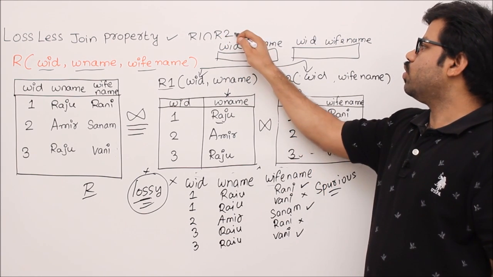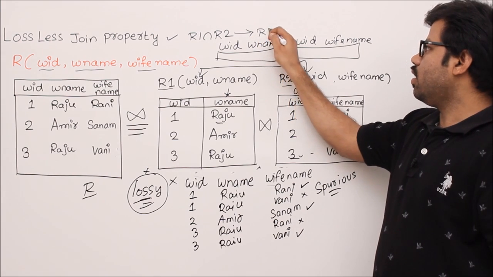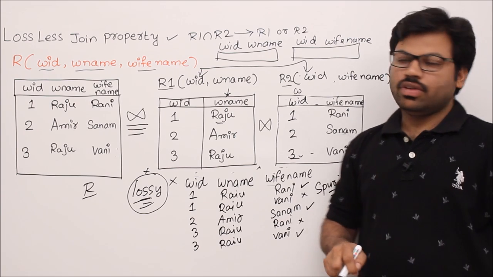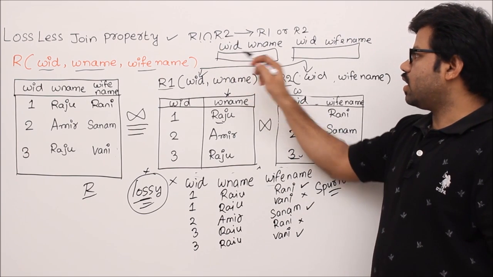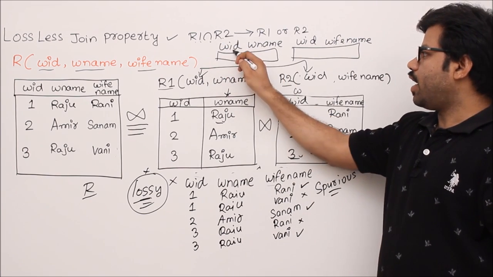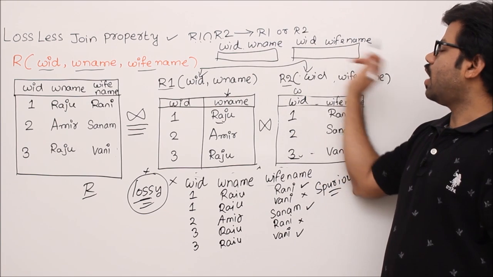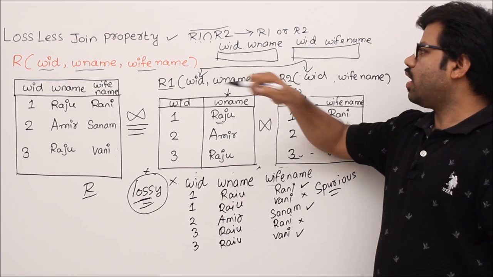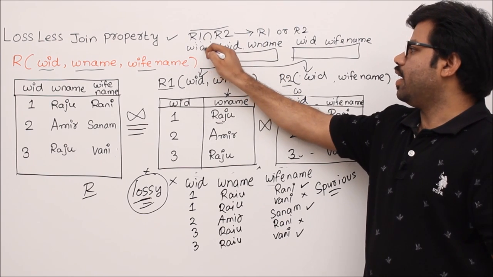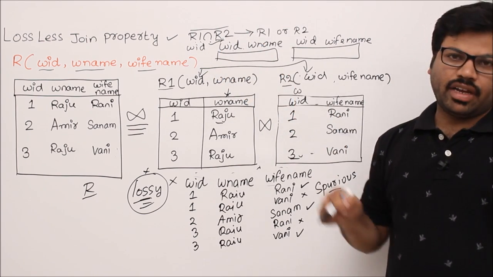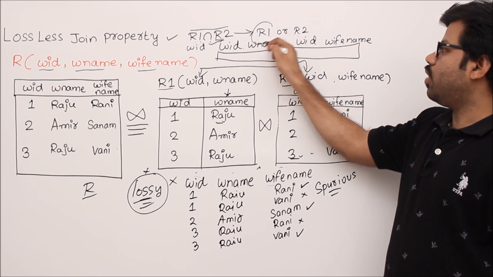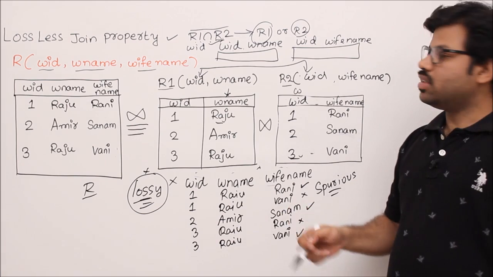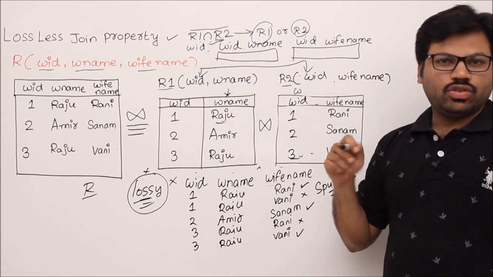That common attribute should determine table R1 or R2. The meaning of this one I will explain you. Here R1 is attributes of table R1, R2 is attributes of table R2. So R1 intersection R2 is common attributes. What are the common attributes? Watchman ID. This watchman ID should determine all the attributes of table R1, otherwise all the attributes of table R2. So that is a property of super key, right?